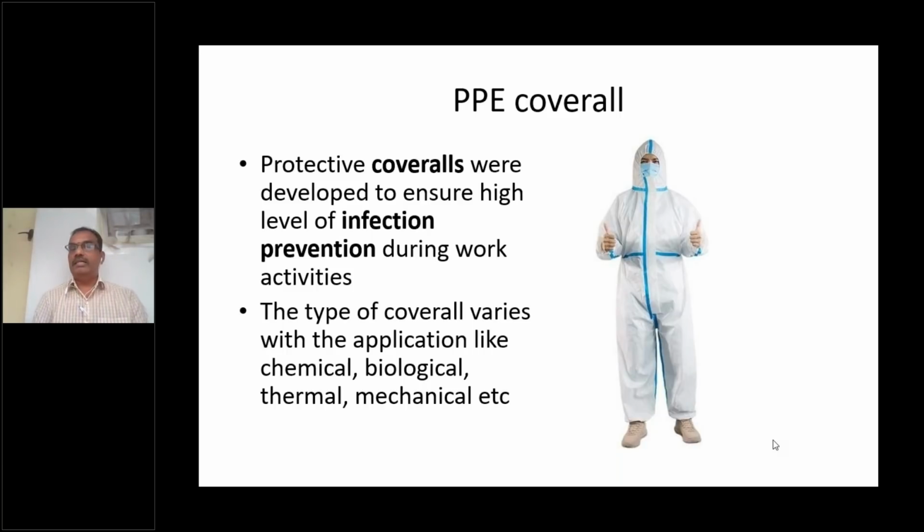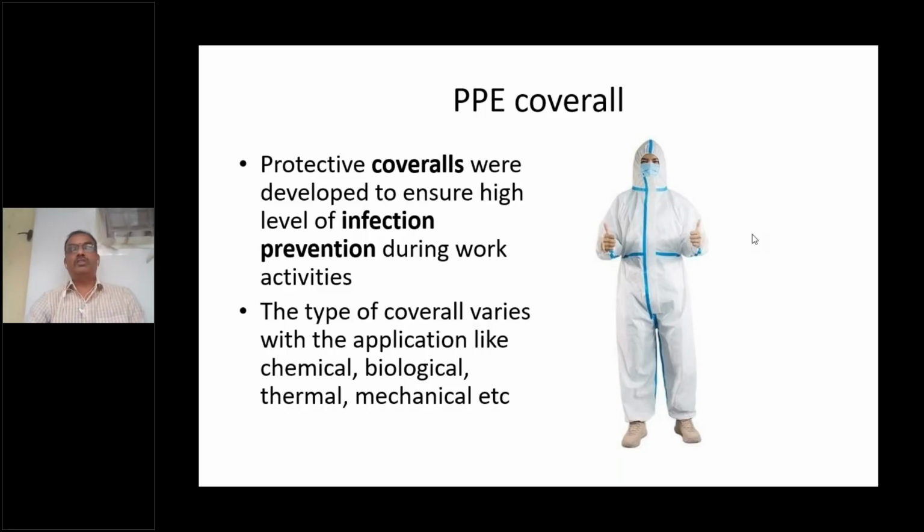We have to understand the application, because different applications warrant different types of fabrics and different types of shape of the material. For example, if there is a chemical industry, they will be using thick rubbers for alkaline and acidic conditions. For biological hazards, no pathogens should enter.